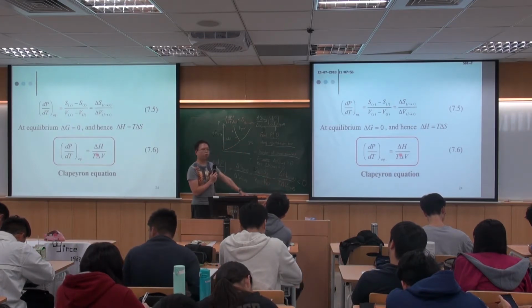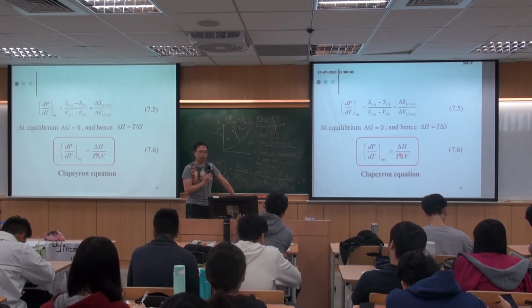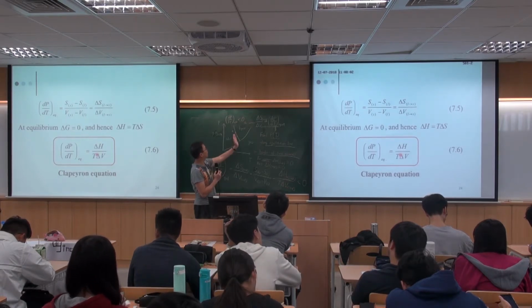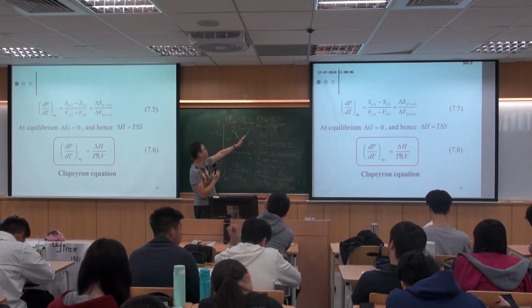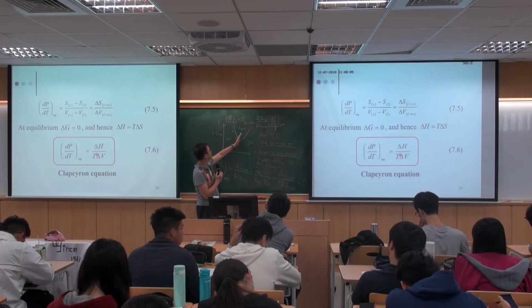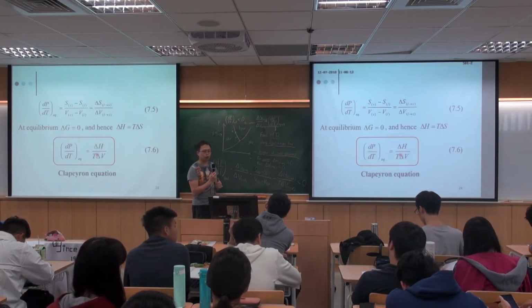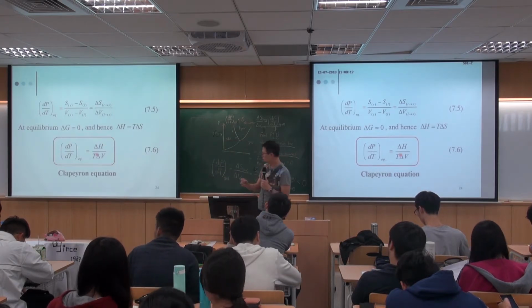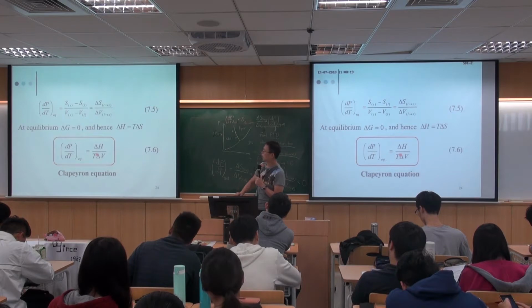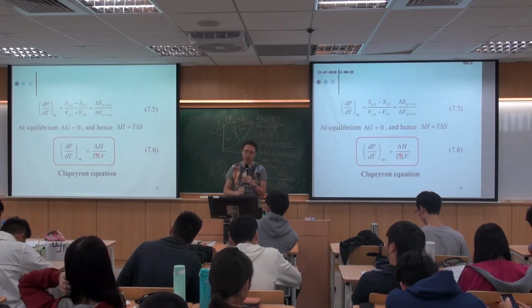Therefore, this number will be positive. So that's the reason why if you're dealing with water, you'll see this negative slope over here. But if you're dealing with carbon dioxide or other types of metals, you'll see a positive slope. That's the difference between regular material and water, and that can be seen or predicted by using this Clapeyron equation.